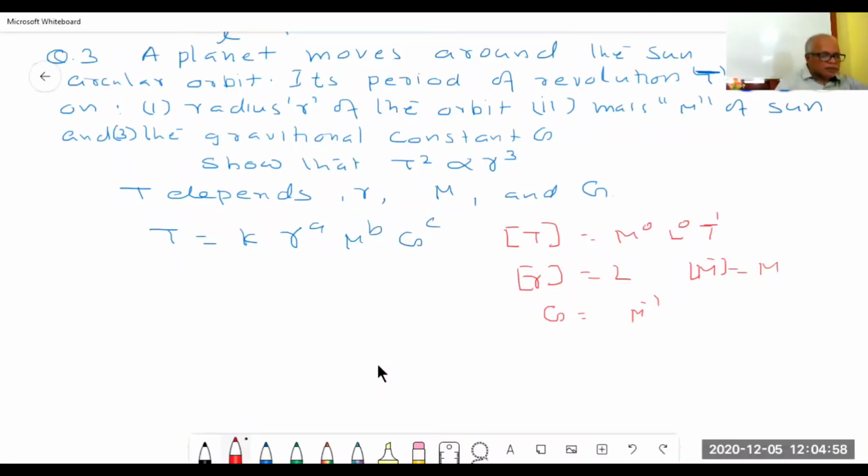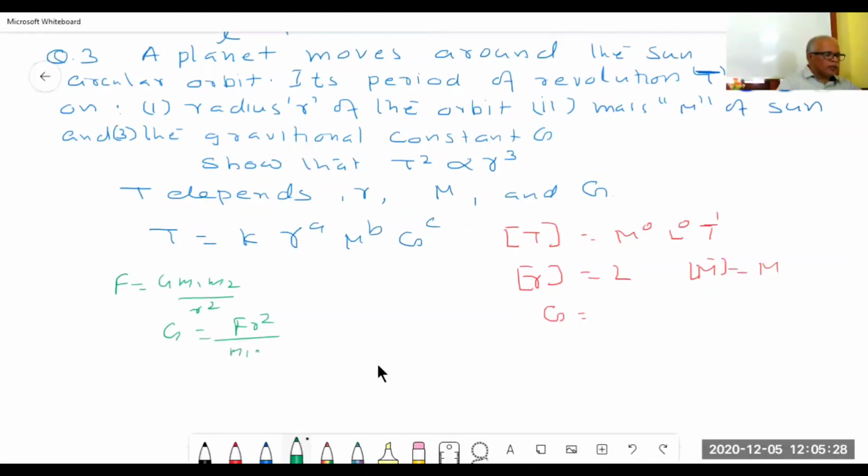Let's find out. I normally don't memorize it, so I can't get it easily. The force we write, F is equal to G m1 m2 by r square. So G is equal to F r square by m1 m2.